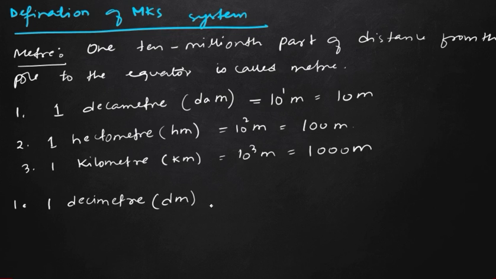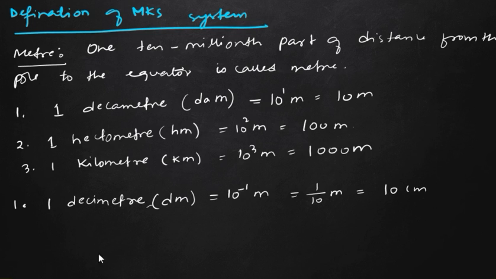It is 10 to the power minus 1 meter, equivalent to 1 by 10 meter, or if we convert it into centimeter, 10 centimeter equals 1 decimeter.